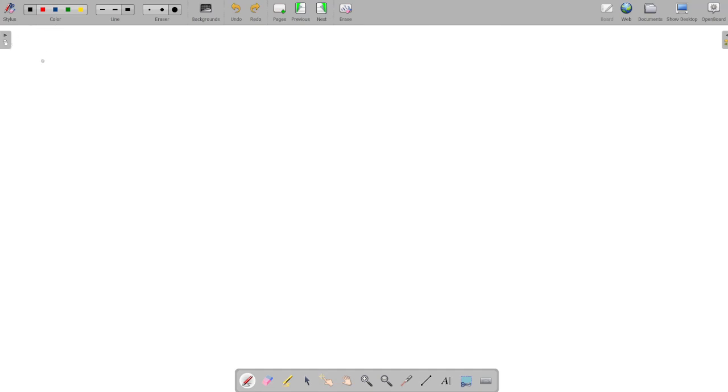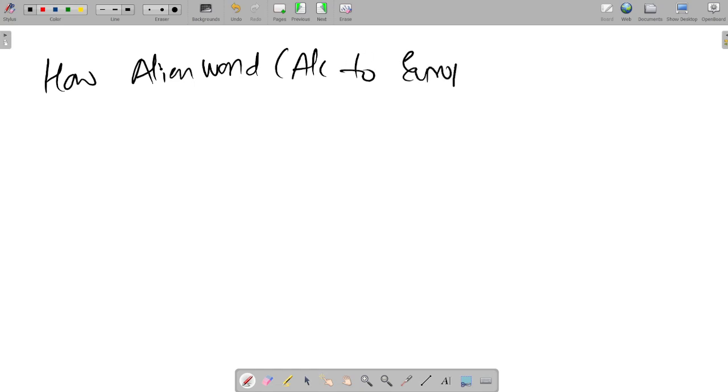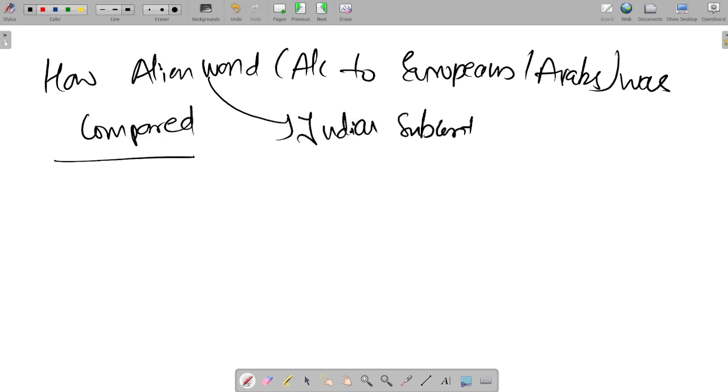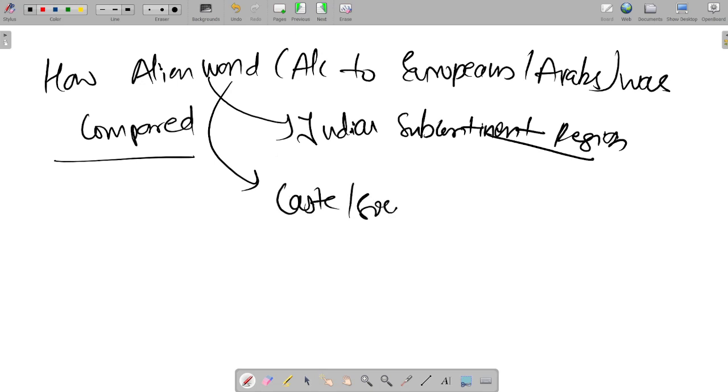Now we will see how the alien world, according to Europeans, Arabs, was compared. Here alien worlds means Indian subcontinent region. Travelers often spoke about caste, social hierarchy systems.